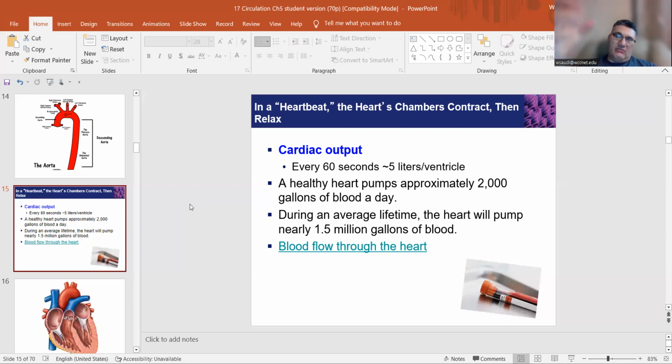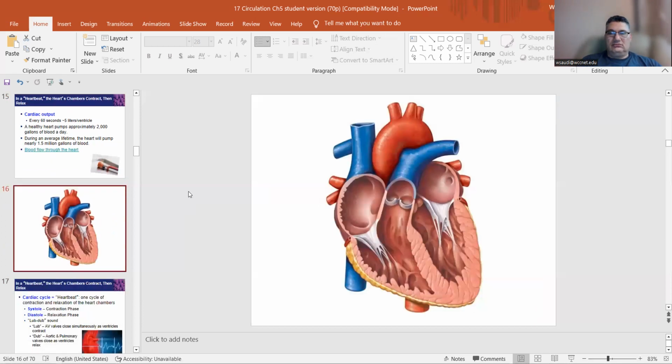The amount that you collect after a minute, this is called cardiac output. So what's the definition? Amount of blood ejected out of the heart per minute. It's about 5 liters on average. Here are the chambers again.